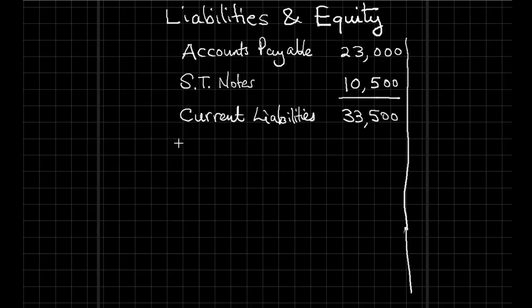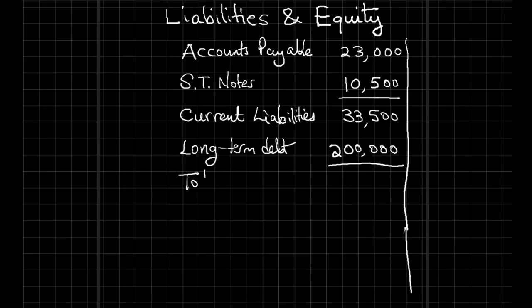We have also long-term debt, so that needs to be considered as well in the amount of $200,000. So adding up current liabilities and long-term debt will give us total liabilities, and the total should give us $233,500. Okay, so we are pretty much done with the first part.